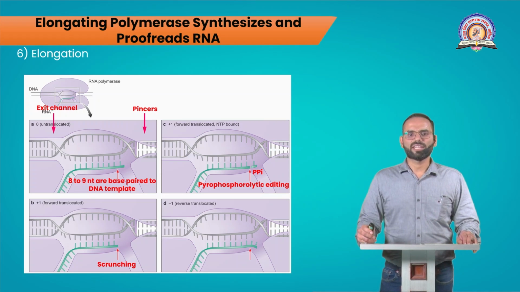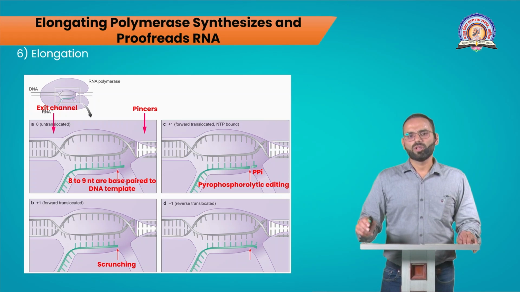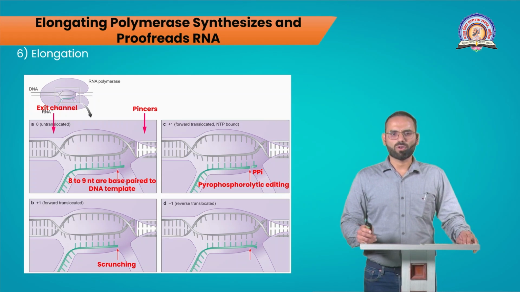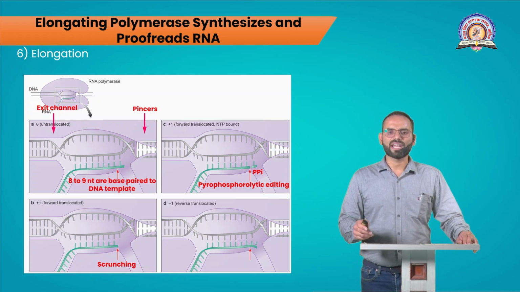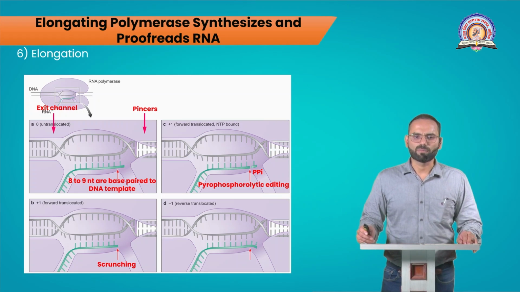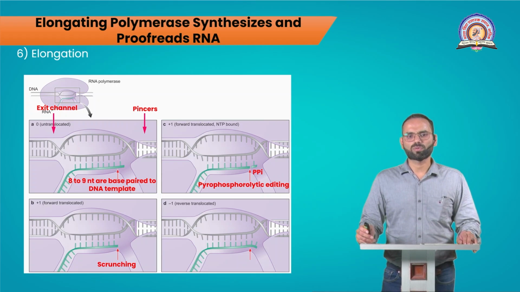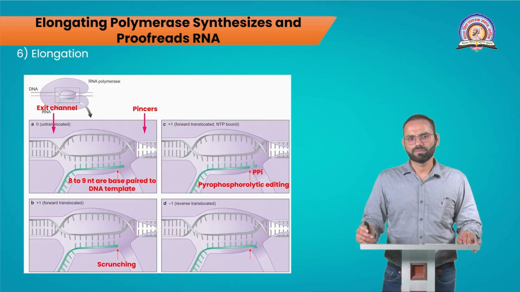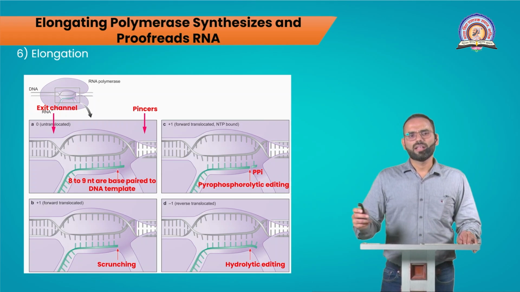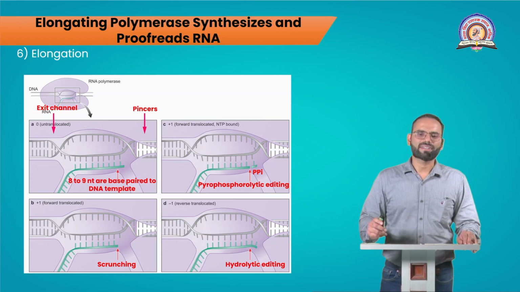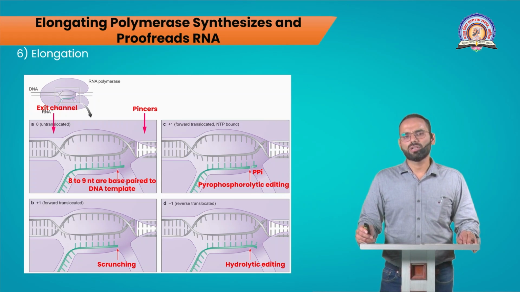When the wrong nucleotide is added, first the nucleotide is removed and pyrophosphate is added, and then the pyrophosphate is in turn removed and the right nucleotide is added in its place. And this is called pyrophosphorolytic editing. Another type is hydrolytic editing. In this case, when the wrong nucleotide is added, RNA polymerase backtracks and hydrolyzes the wrong nucleotide.